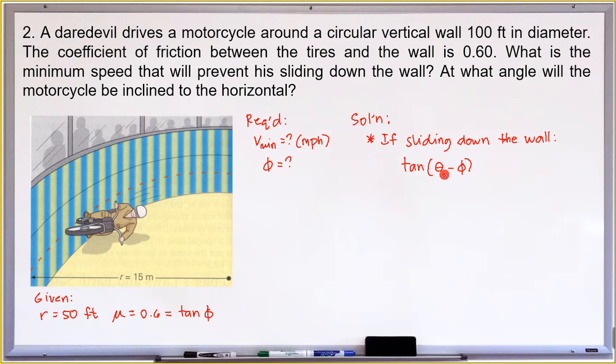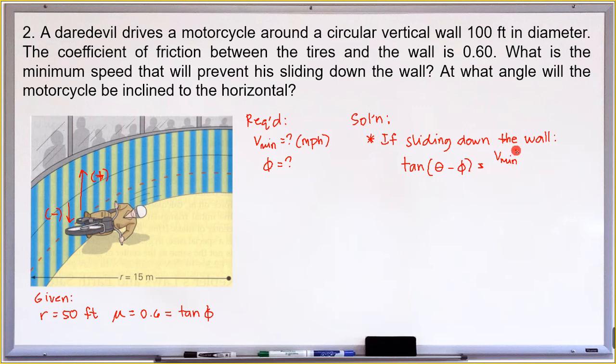The reason for the minus is that in this figure, it is not sliding up the wall. If it were going up, that would be against the centrifugal force. Now, since it is going down the wall, instead of positive we take the negative. So we use tangent theta minus phi, equal to V minimum.